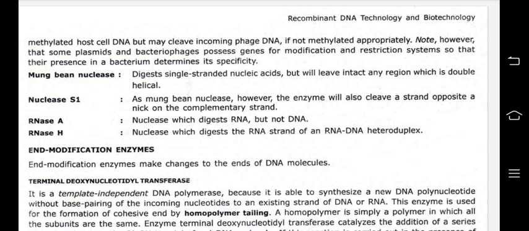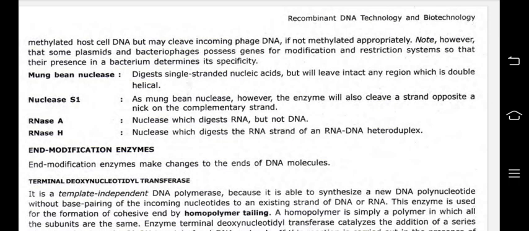And end modification enzymes. End modification enzymes make changes to the ends of DNA molecules. So in the modification enzymes, you are learning end modification enzymes.